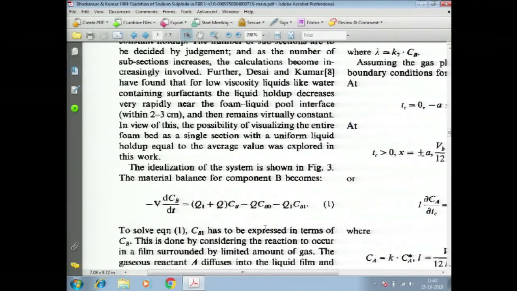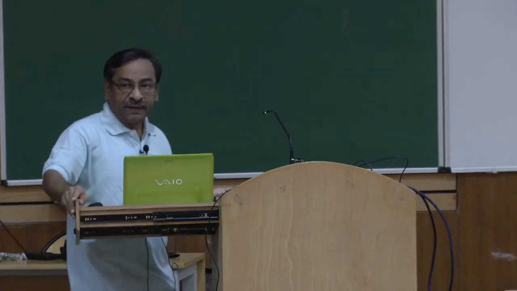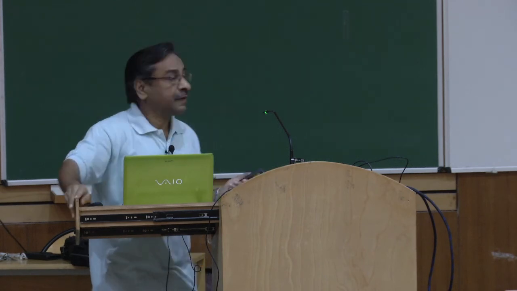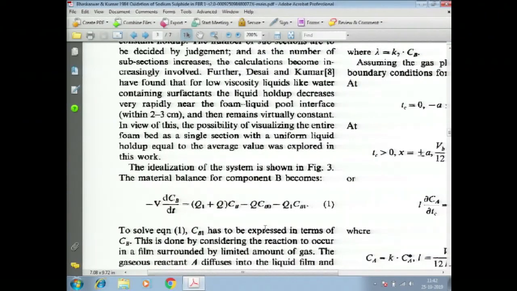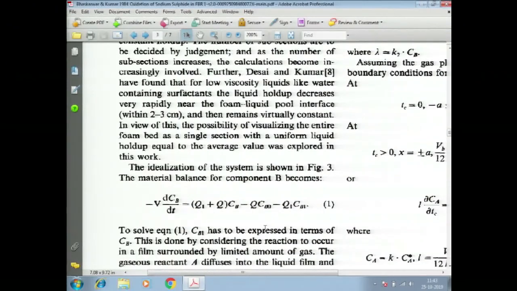So, Q1 Cb is the amount of sodium sulphide entering the foam section from the storage section, and Q1 Cb1 is the amount returning from the foam section back into the storage section, because the films start with concentration Cb, get locked up in foam for a certain time Tc star, and the concentration of sodium sulphide will diminish. So, lower concentration Cb1 will be returning back.